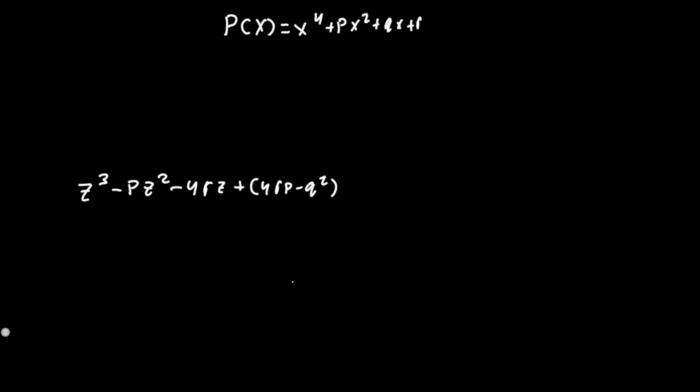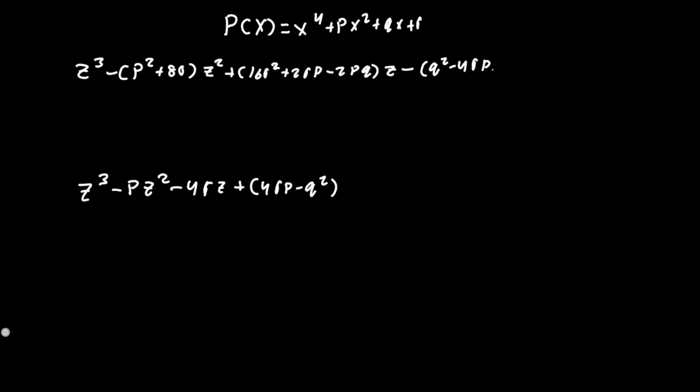And the other ones I'm going to list are z cubed minus p squared plus 8r z squared plus 16r squared plus 2rp minus 2p q z minus q squared minus 4rp squared.